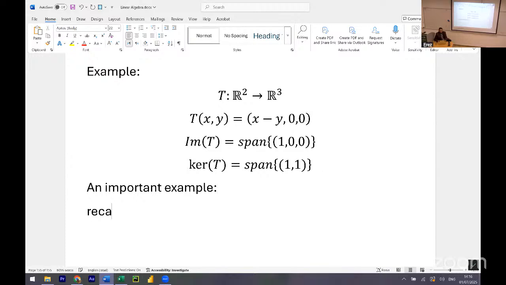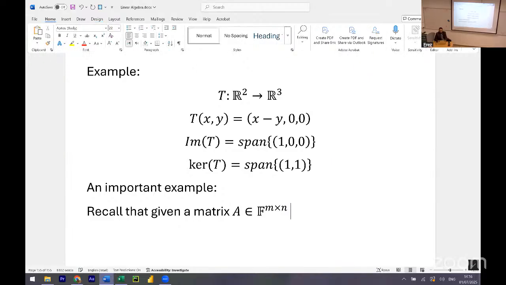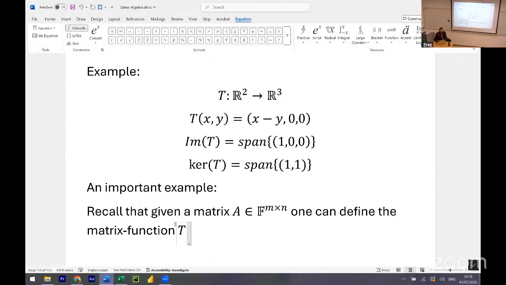So recall that given a matrix A from the set of all matrices of size m by n, one can define what I think I called the matrix function. I'm not sure, but I'll remind you the definition anyway.